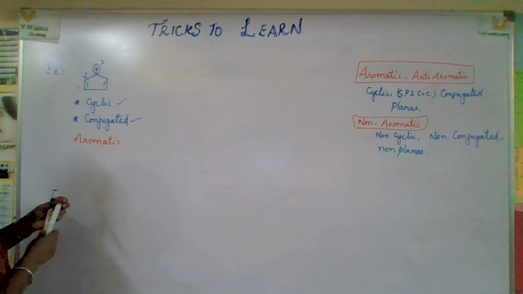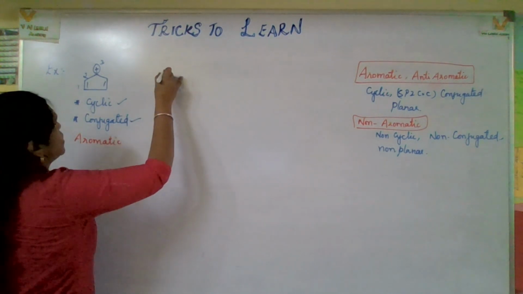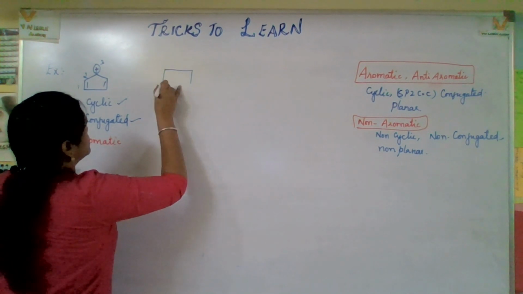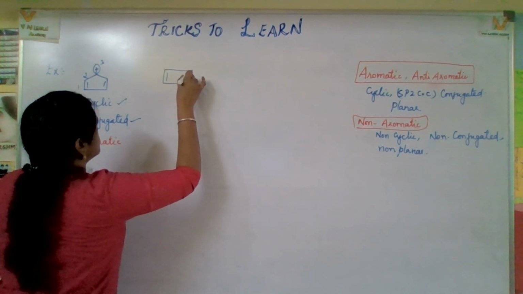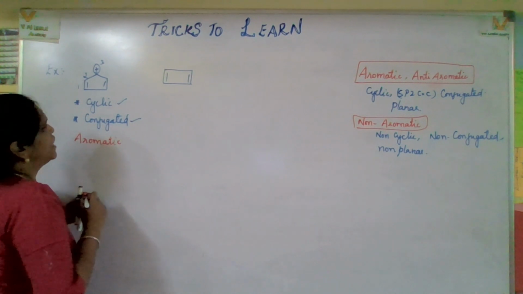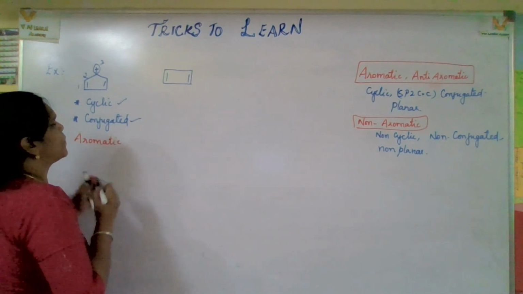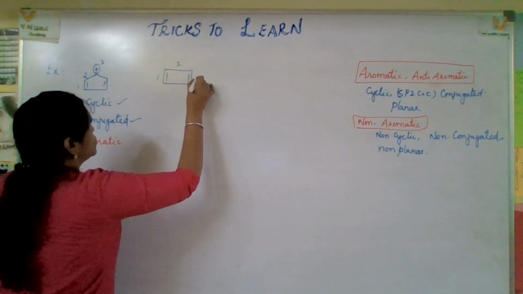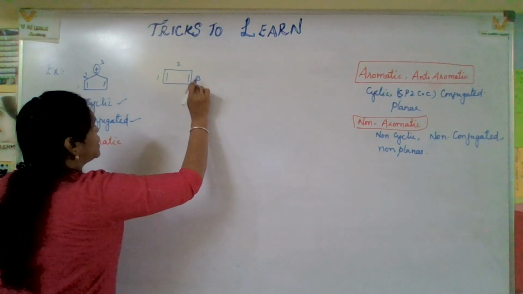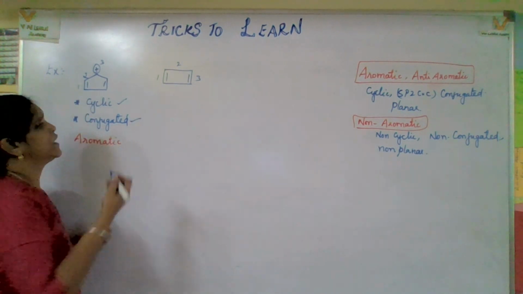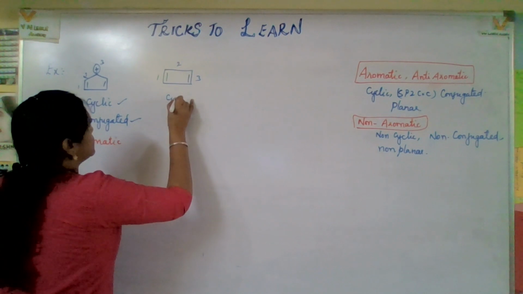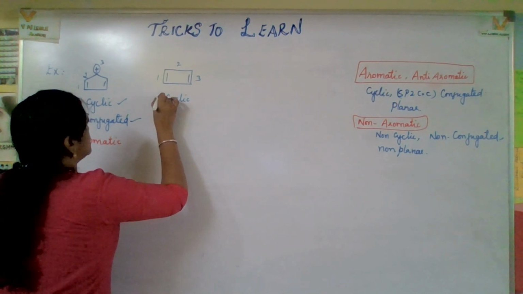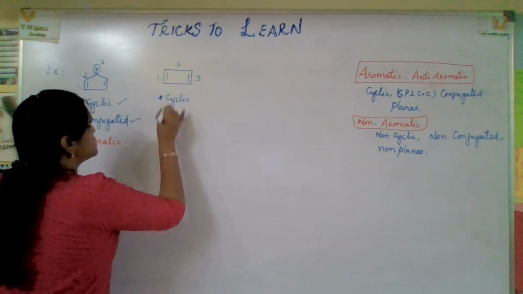Okay, now next, another example. I just mentioned it here. Now, is this an aromatic compound? One, two, three: double bond, single bond, double bond. That means alternating double bonds. Yes, it is cyclic. And second, is it conjugated?